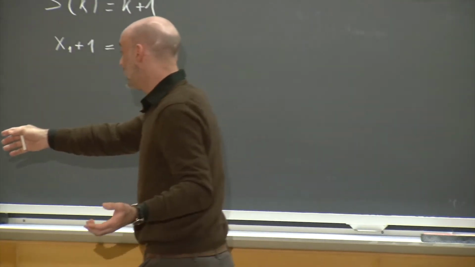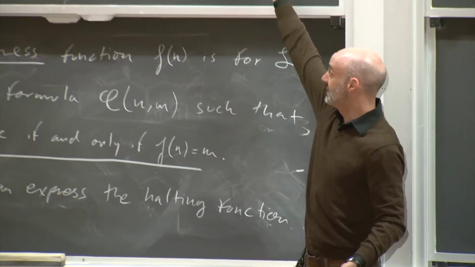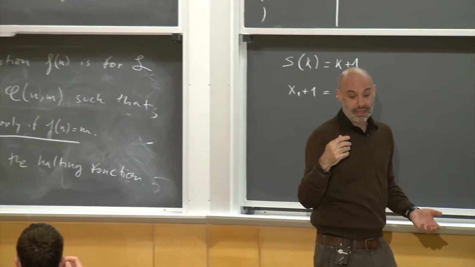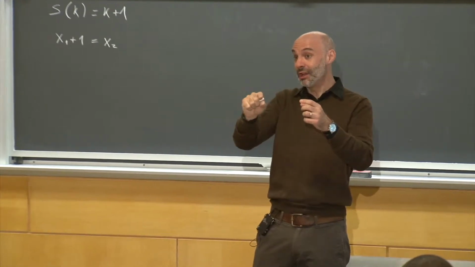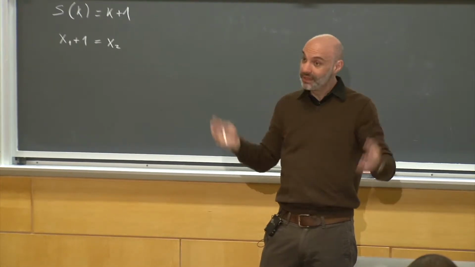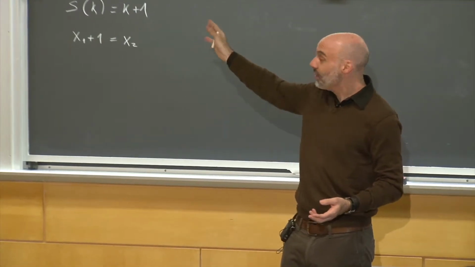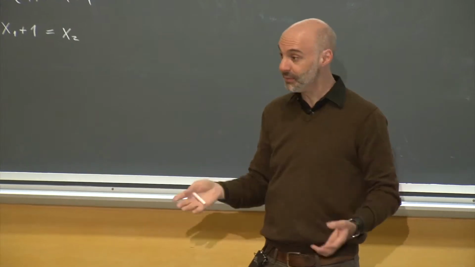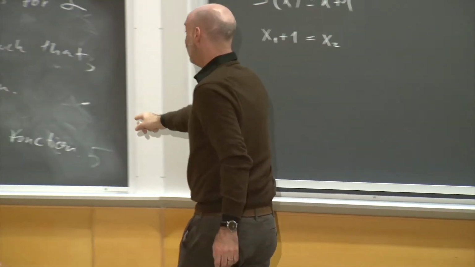Because L can express the halting function, it's eventually going to print it out, because it prints out all true sentences. Then once it's done that, you just keep the answer to whether it halts or not, erase everything else on the tape, and stop. So if M existed, it would be very easy to compute the halting function, but we know that the halting function cannot be computed, so M can't exist, provided the lemma is true.